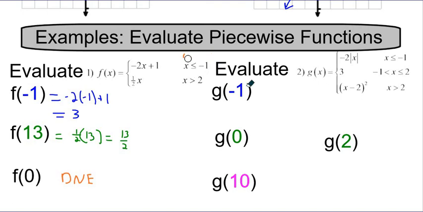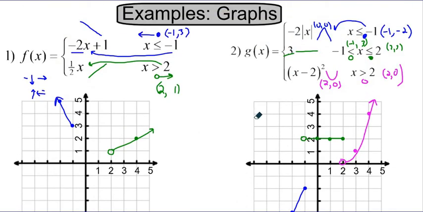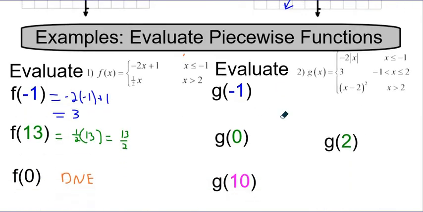All right, let's take a look at the other one. Again, it's the same problem as above. It's the same thing we had here, graphing. I just cover the graph up. Let's see what happens when we try to evaluate. So when I try to evaluate g of -1, again, where is it valid? It would be valid here because -1 is less than or equal to this. So you would just evaluate that using the absolute value.